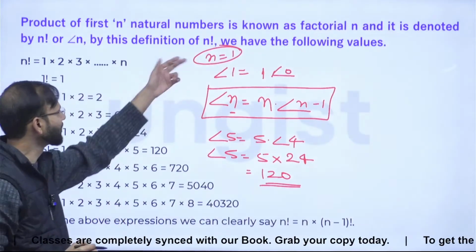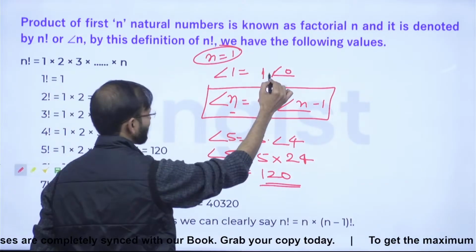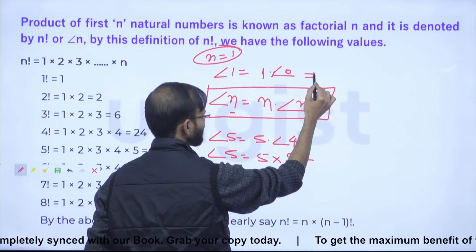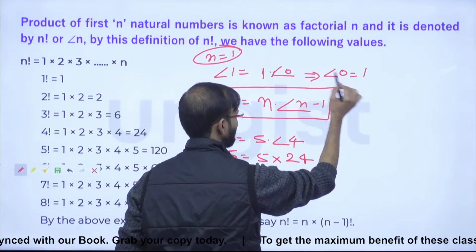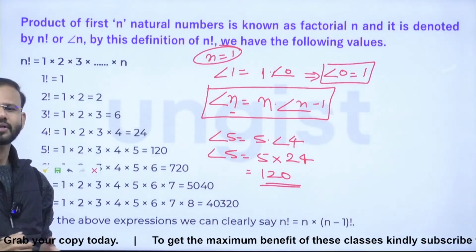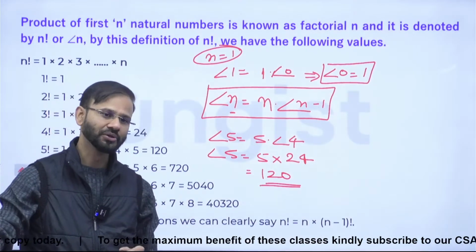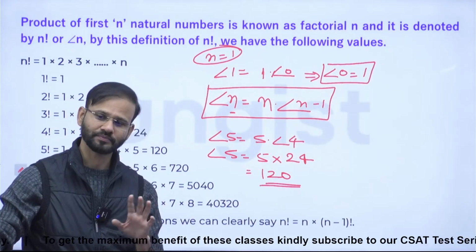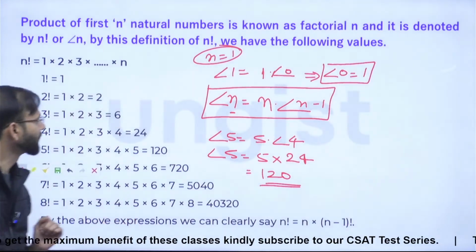So factorial 1 is equal to 1 into 0 factorial. So you can say factorial 0 is equal to 1. Is it fine, guys? So whenever you are getting the value of factorial 0, you will replace it with 1. Correct?